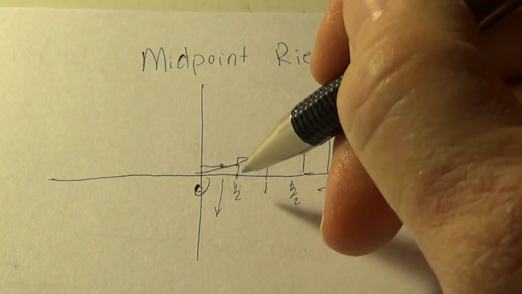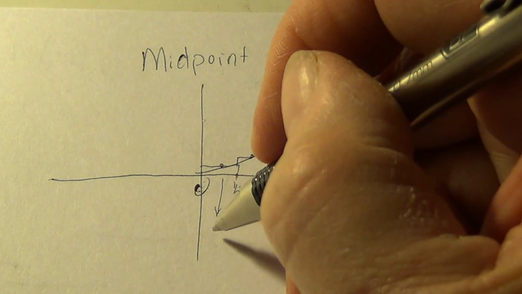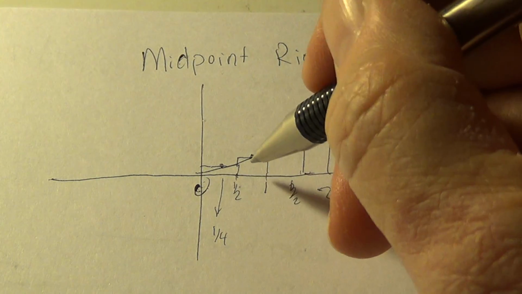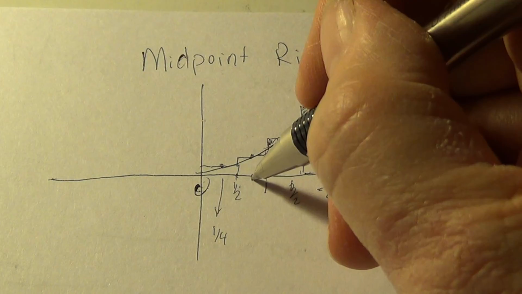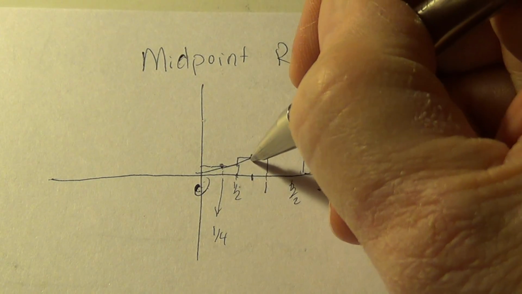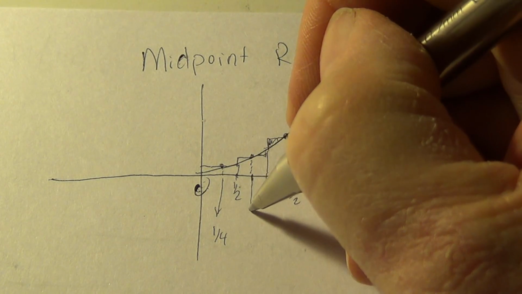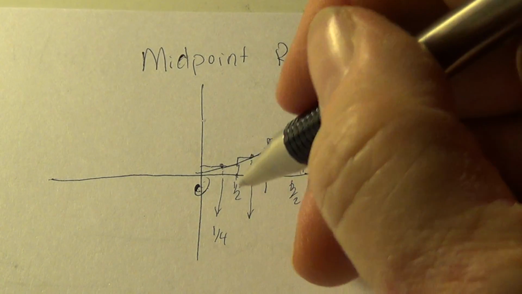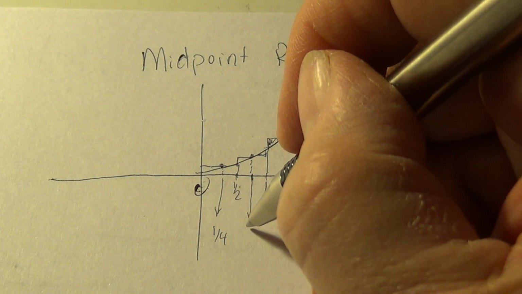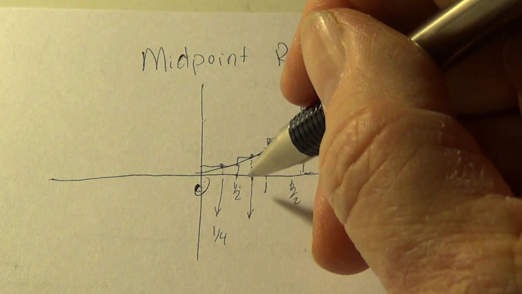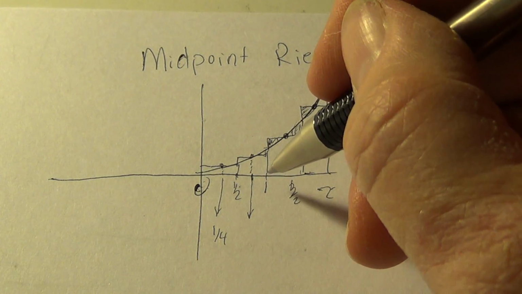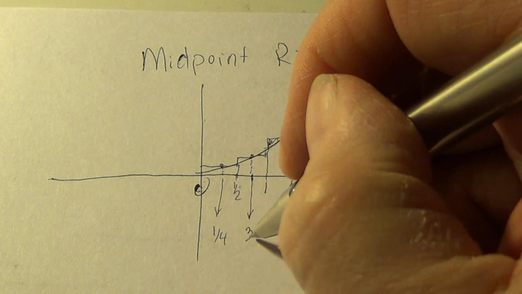You can add these endpoints and divide by 2. This is 1/4. This point right there is halfway between 1/2 and 1, which is 3/4.